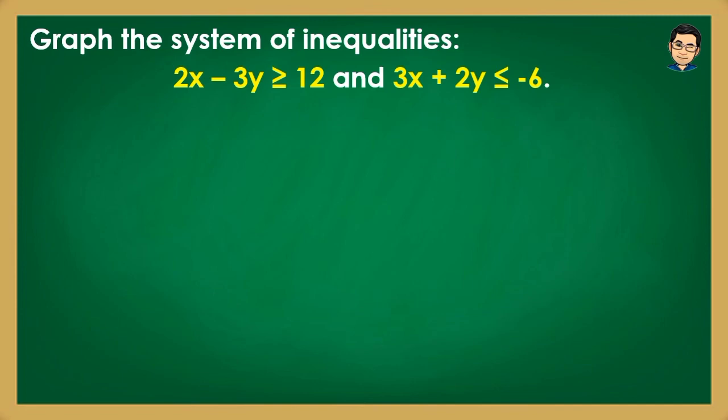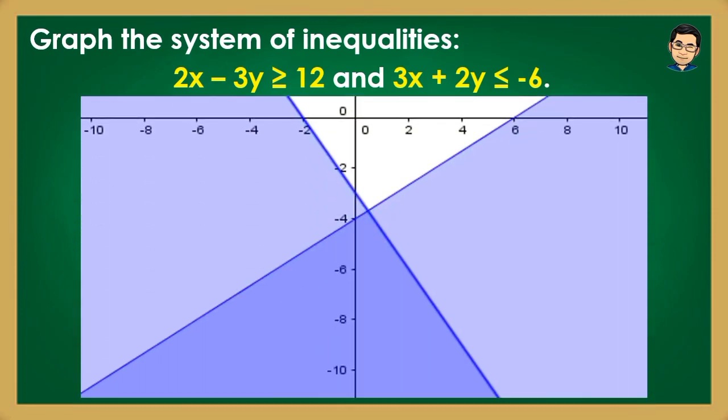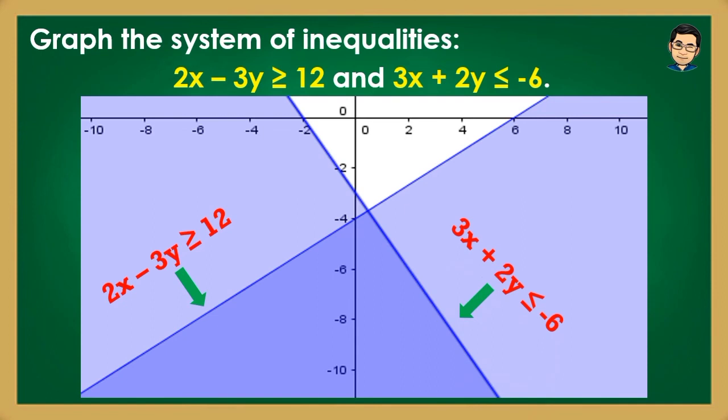So naging true siya dun sa pag-solve natin, pag-substitute natin. So using graphical naman, makikita natin siya. Ayan. So, ito yung graph ng 2x minus 3y is greater than or equal to 12. And then, ito naman ang graph ng 3x plus 2y is less than or equal to negative 6.